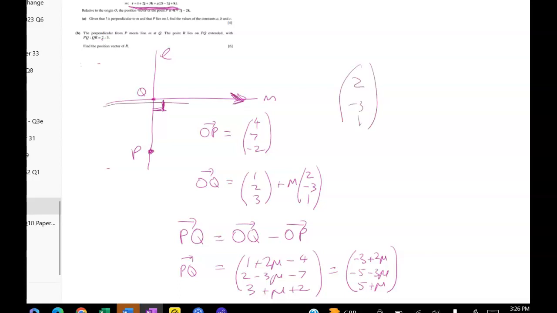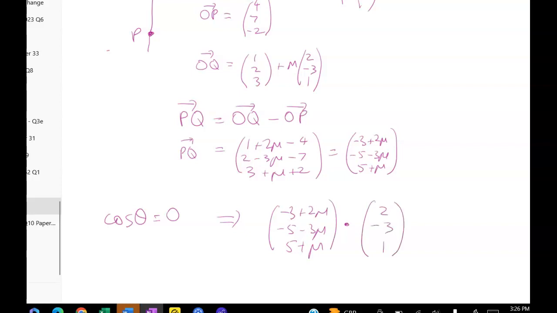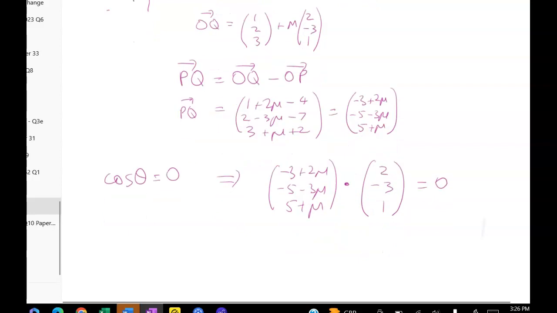That's the direction that we're going in along here. So cos of theta is equal to 0. So this vector here, PQ, dot 2, negative 3, 1 has to equal 0.